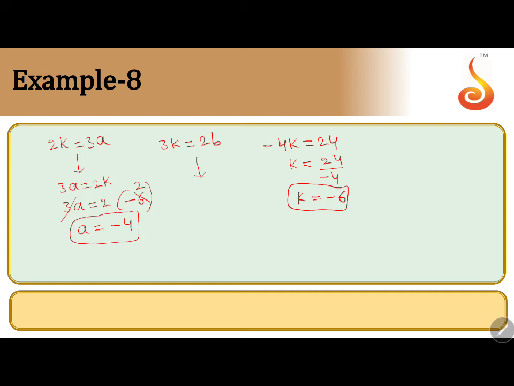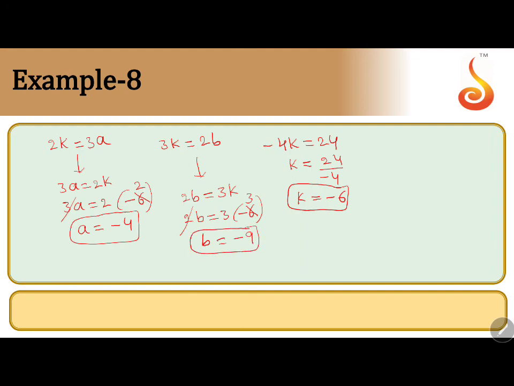Next, from the second condition, 2b is equal to 3k. 2b is equal to 3 into the k value, -6. 2 ones, 2 threes cancel. b is equal to 3 into -3, which is -9.